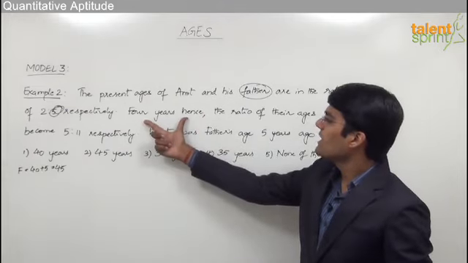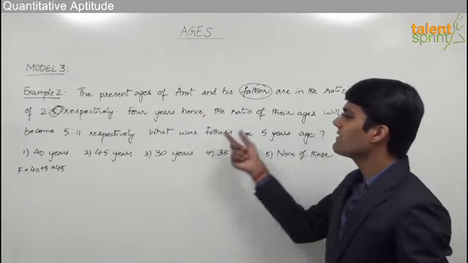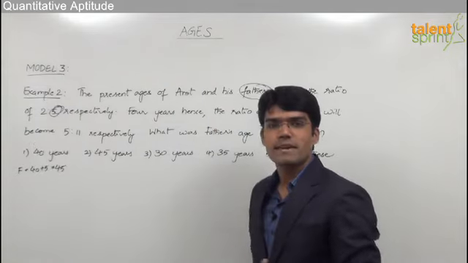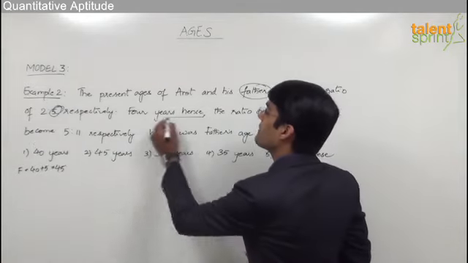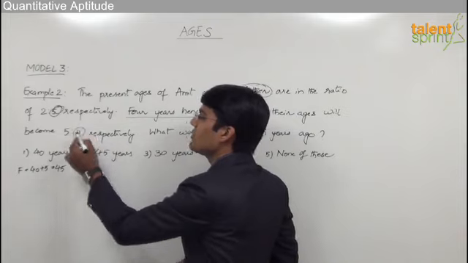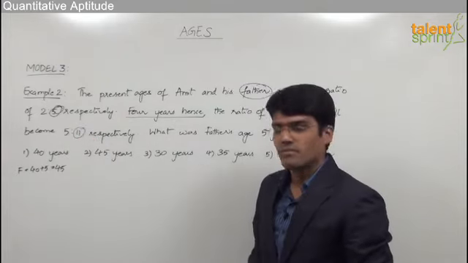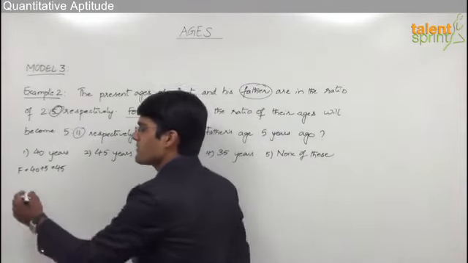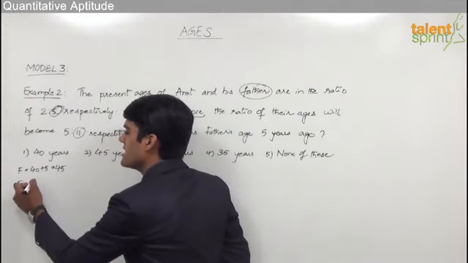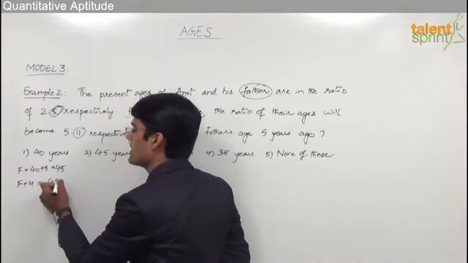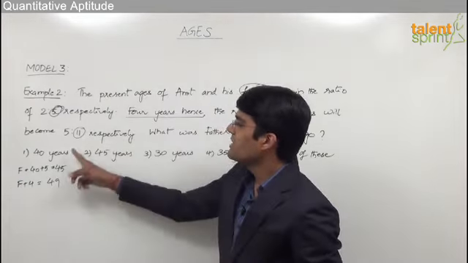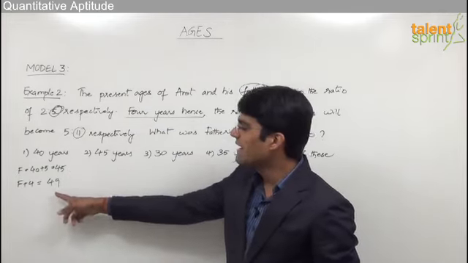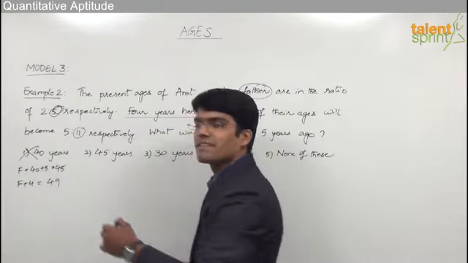We know that 4 years hence, ratio of their ages will become 5:11 respectively. That means after 4 years, father's age should be a multiple of 11. Now, if father's present age is 45, after 4 years his age will be 45 plus 4, that is 49. And 49 is not a multiple of 11. So very clearly, option 1 cannot be the answer.